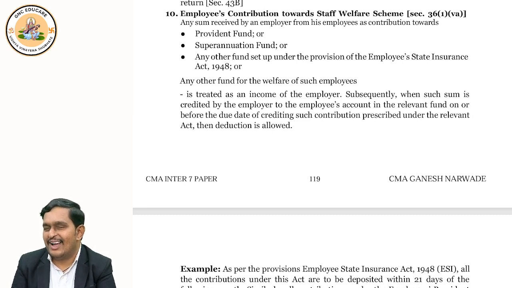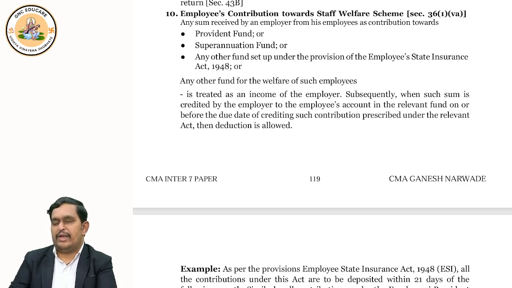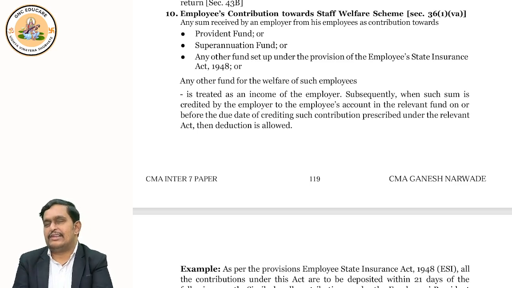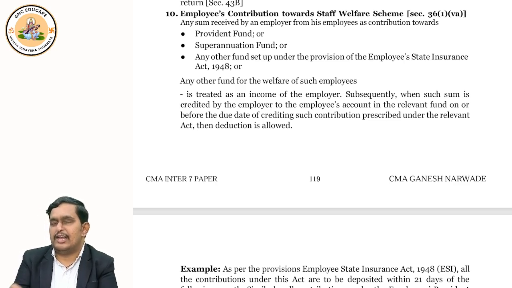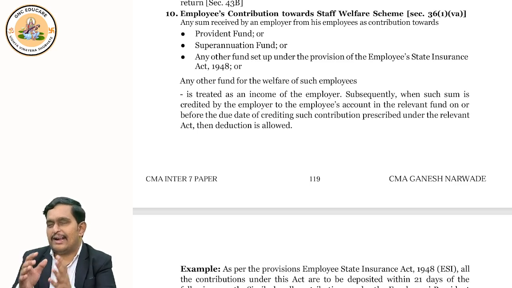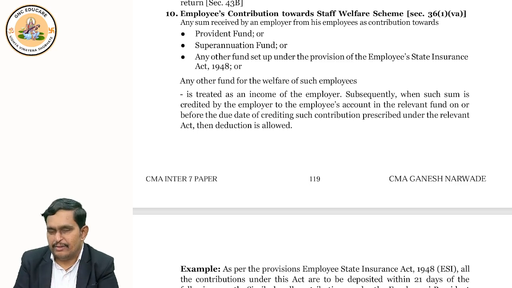So the employee contributes, that means from the employee's salary, the employer keeps the money, whether it is a superannuation fund, a recognized provident fund, or NPS. From the employee's salary, the employer cuts that portion which the employee has to contribute, and he'll keep it with himself.